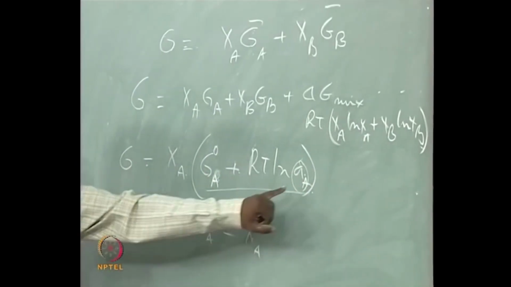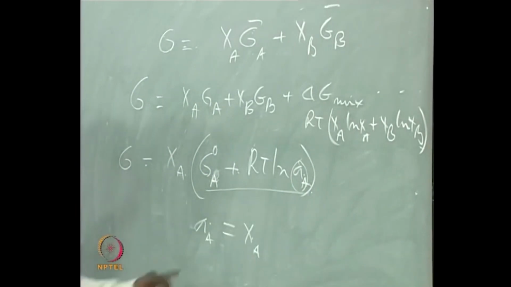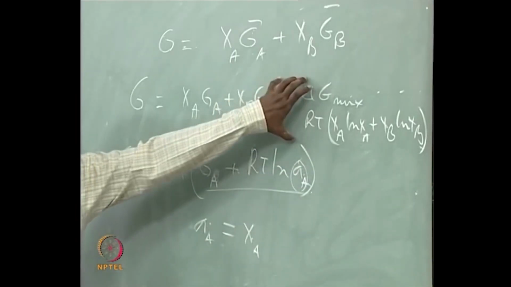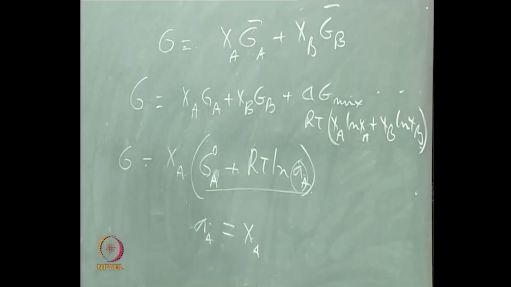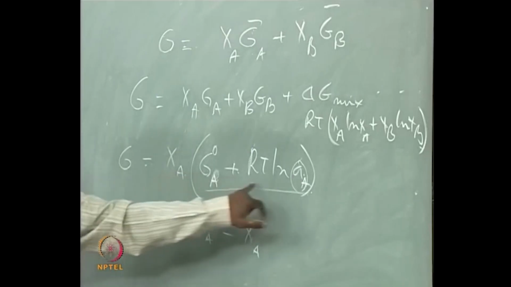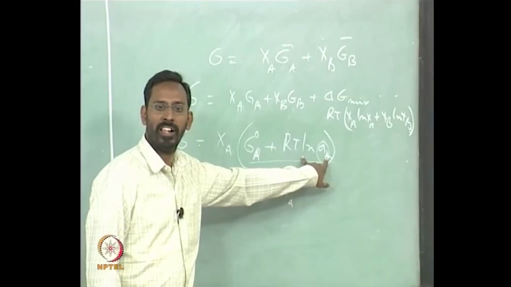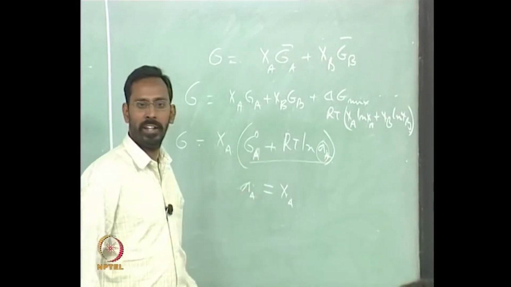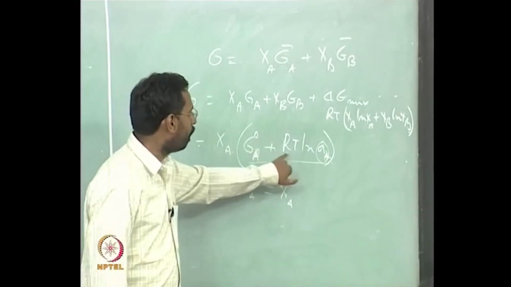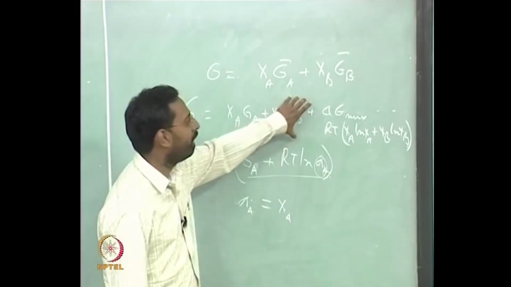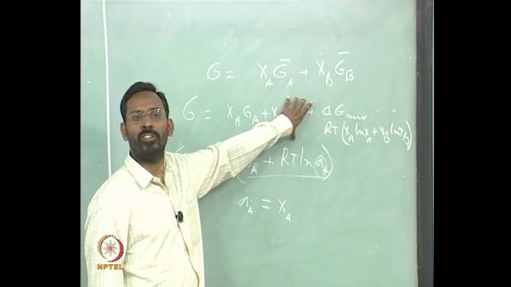So basically if you put here a in terms of XA, this equation becomes equivalent to the earlier equation, accepting that this is XA G A. So this will become XA times G naught A plus RT ln XA, and then you put another expression for XB into G naught B plus RT ln XB. So this whole thing is actually this for the ideal solution.